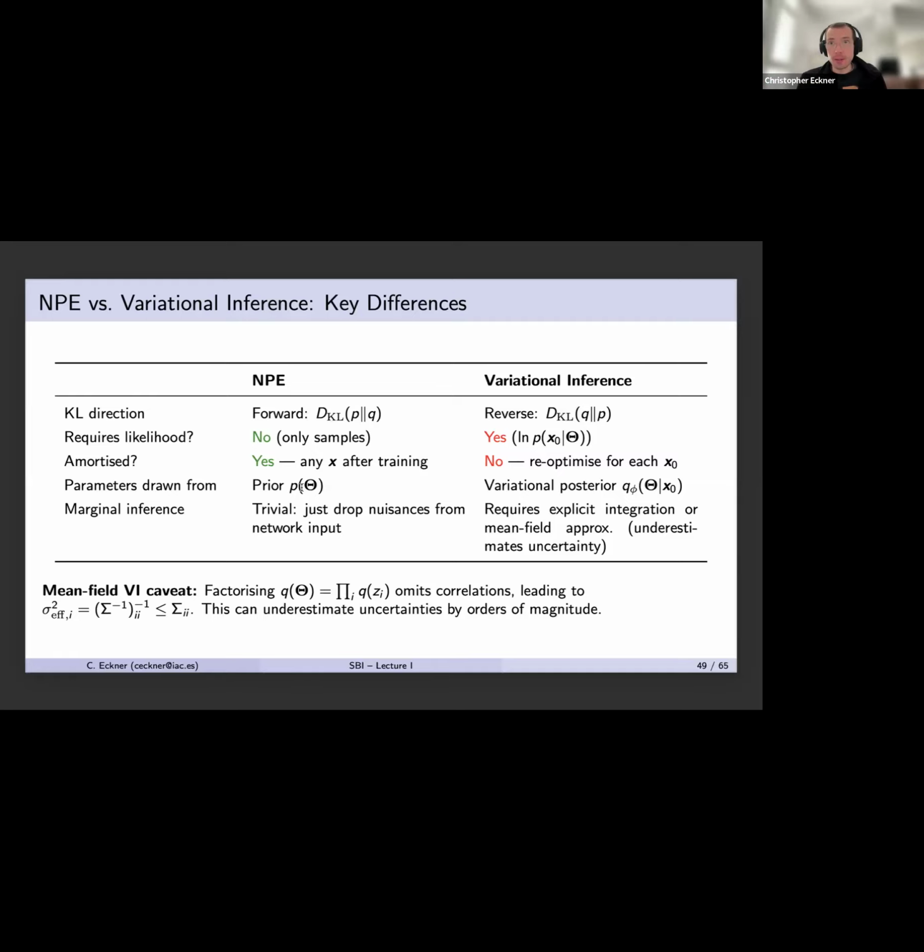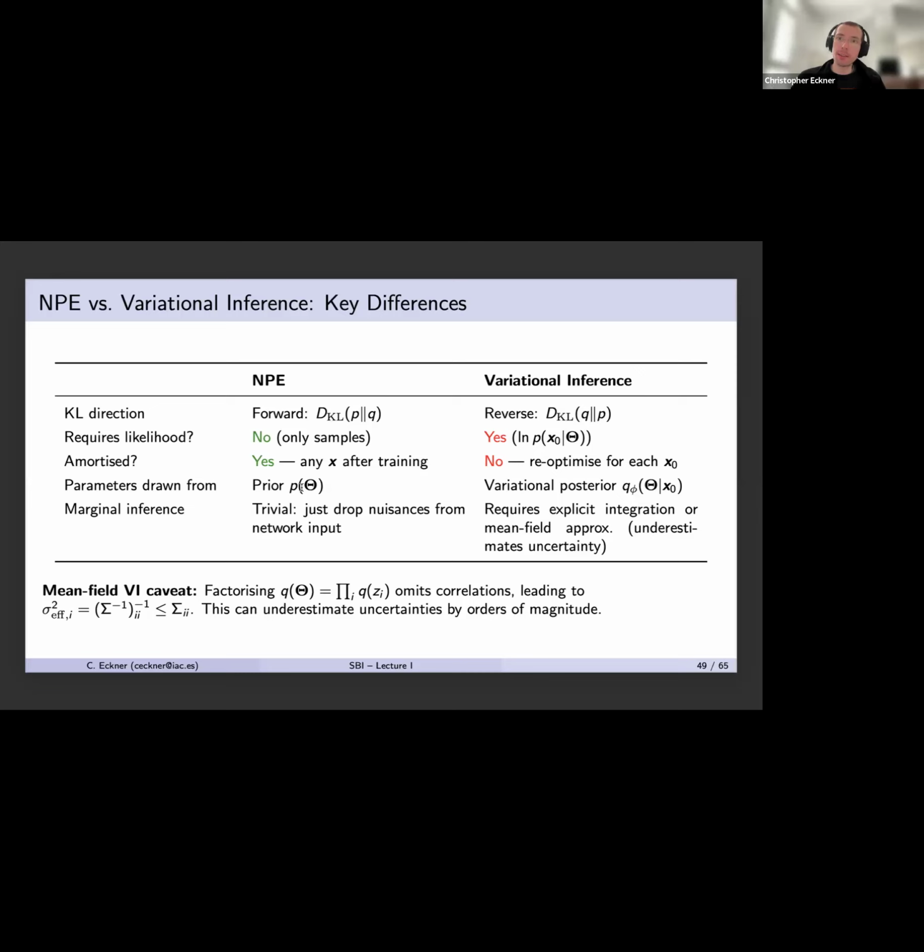This works very well there. However, for variational inference, it does not. So there you explicitly must integrate these out and take this into account because this is part of the likelihood that you need to evaluate. Also, if you do this in variational inference and integrate them out, it completely erases correlations that might be there between the parameters that you marginalized over, which is also not the case for neural posterior estimation.